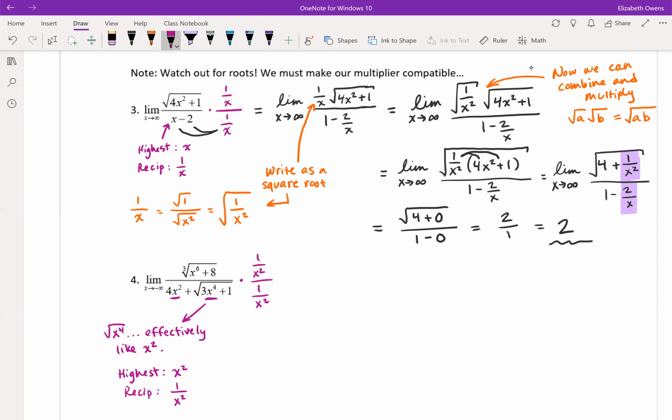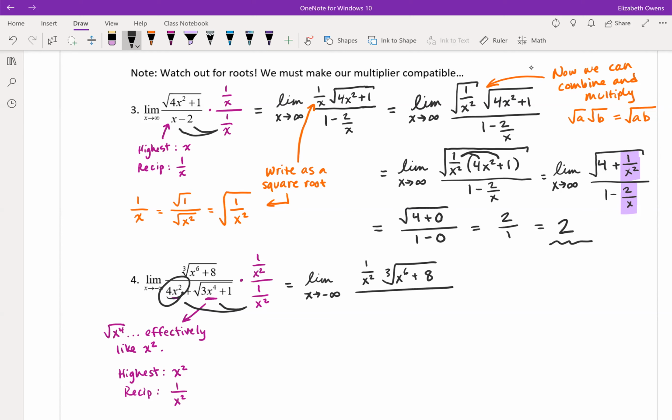Okay, and let's go ahead and write everything in a single fraction, or a single rational expression. Put our 1 over x squared up in the numerator with that cube root, x to the 6th plus 8. Okay, and then when we distribute down in the denominator, the first term will turn out nicely. 4x squared times 1 over x squared would just give us a 4.